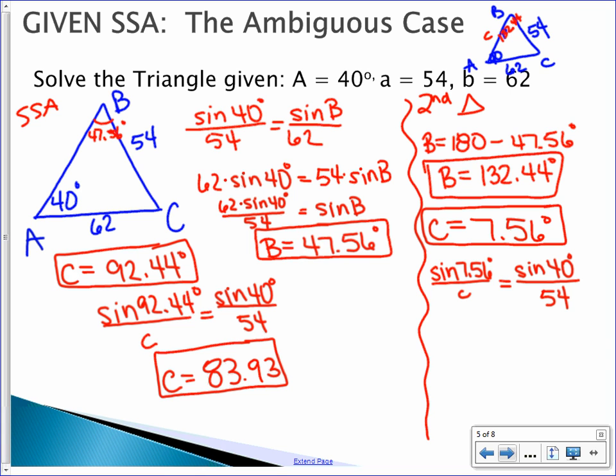Okay, so we can do our cross multiplication, right? The sine of 7.56 times 54 equals the sine of 40 times C.